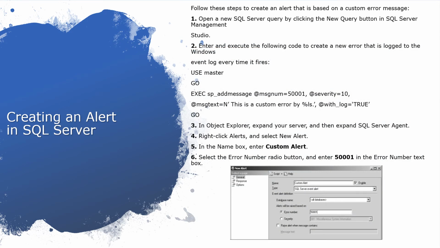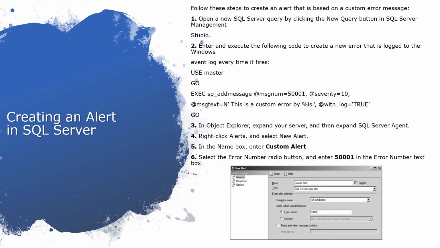Follow these steps to create an alert that is based on a custom error message. First, open a new SQL Server query by clicking the New SQL Query button in SQL Server Management Studio.